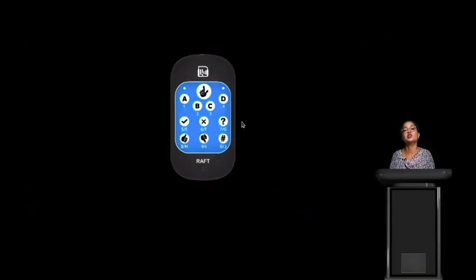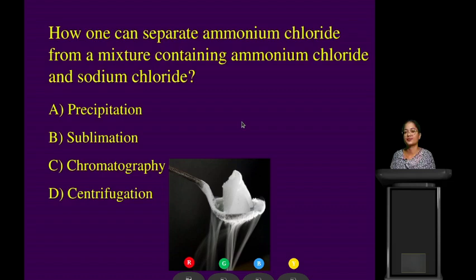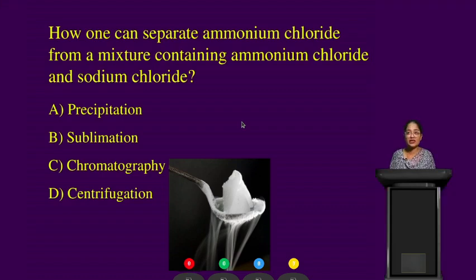So let's look into a question now. How can one separate ammonium chloride from a mixture containing ammonium chloride and sodium chloride? Option A is precipitation, option B is sublimation, option C is chromatography, option D is centrifugation. You get 30 seconds. We just spoke about this, no?